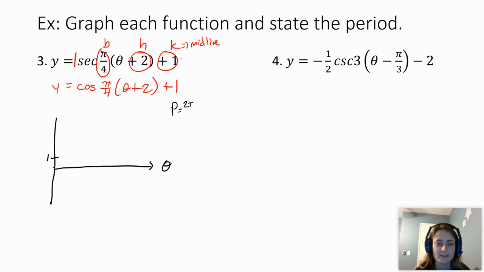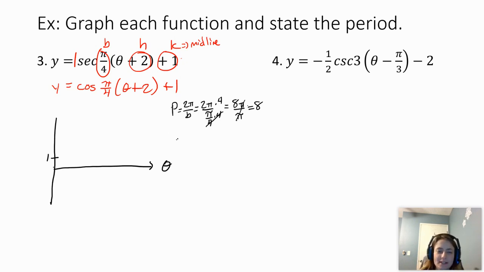So the period is 2 pi over b, which is 2 pi over 4, multiply by 4 top and bottom, and these 4 cancel, we get 8 pi over pi, the pi's cancel, we get 8.